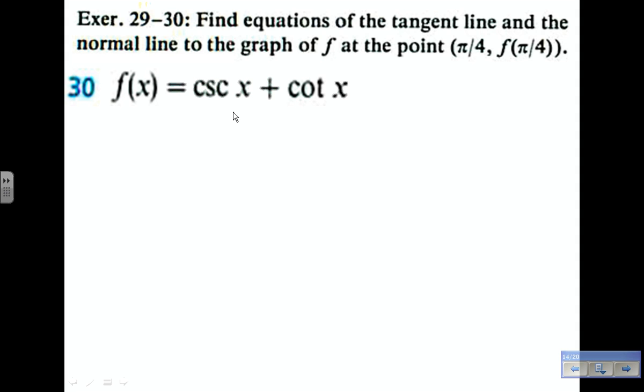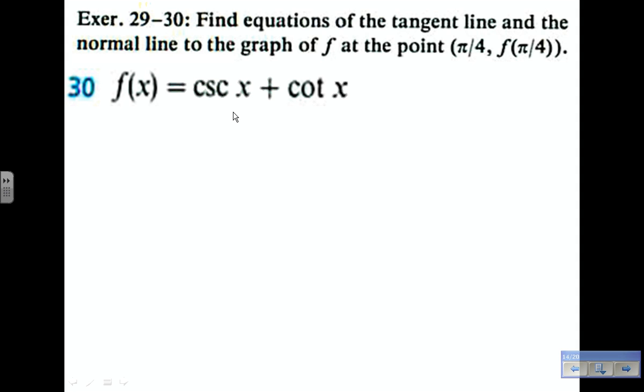An easier question is, what is the function value of pi over 4? You were very good with the unit circle, Stephanie. Do you remember what the cosecant of pi over 4 was? If I put pi over 4 in, what's the y value going to be? Right, you rationalize it, you end up with root 2.